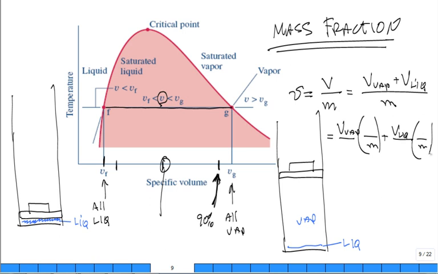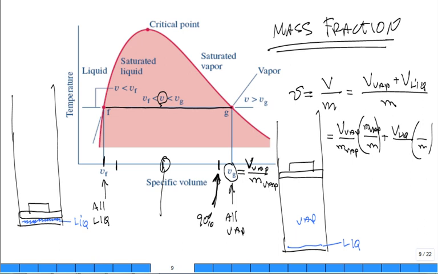Then I'm going to say, what was our definition of this V sub G right here? V sub G. Was it the volume occupied by the vapor divided by the total mass when all the mass is in the vapor state? It is. So if you do this, put the mass that's in the vapor state in the mass that's in the vapor state. I think I've handled mathematical integrity.